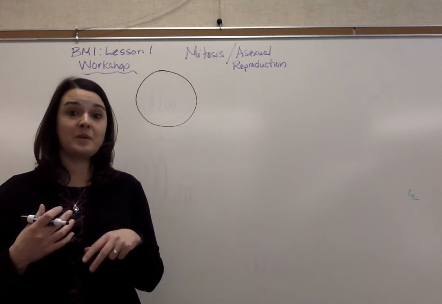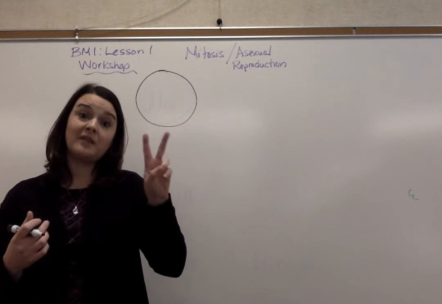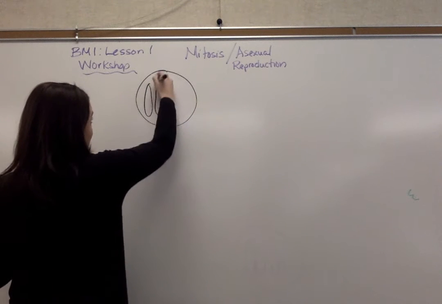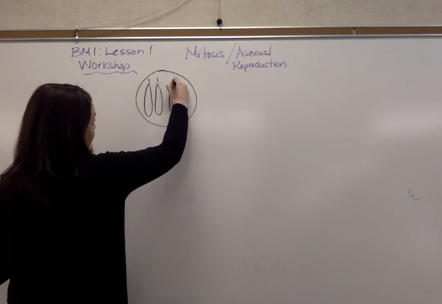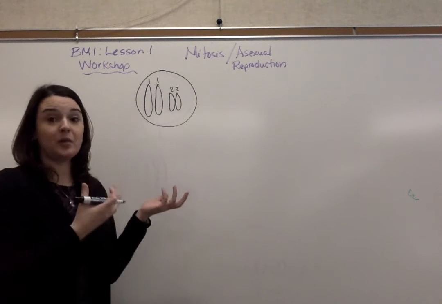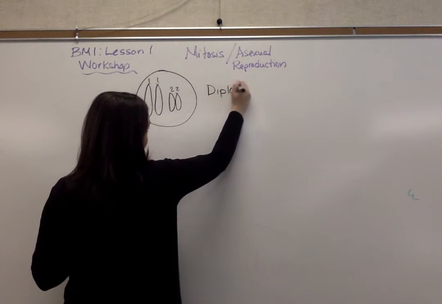We have 23 pairs of chromosomes. We're going to draw a really simple cell with 2 pairs of chromosomes. So chromosome number 1 is going to be tall, and chromosome number 2 is going to be short. So when chromosomes are paired, we call it diploid. So this is our diploid parent cell.